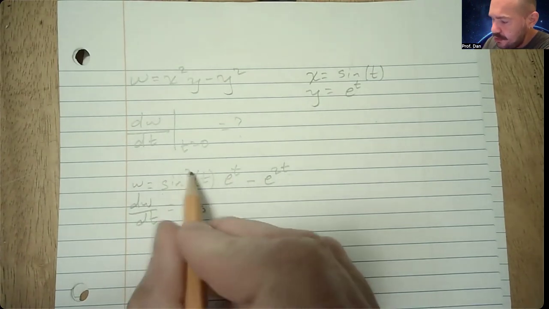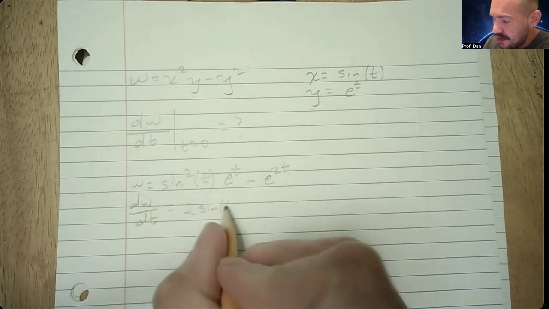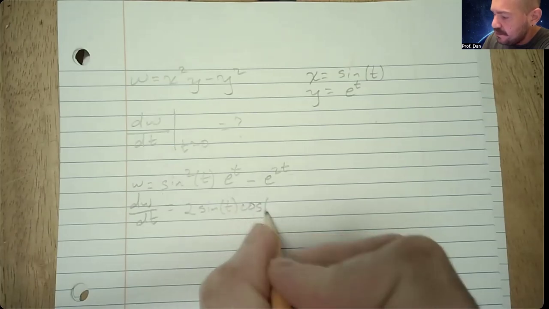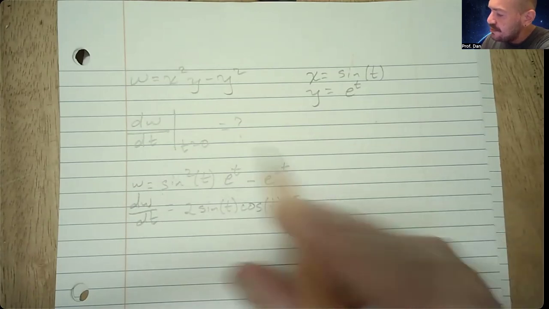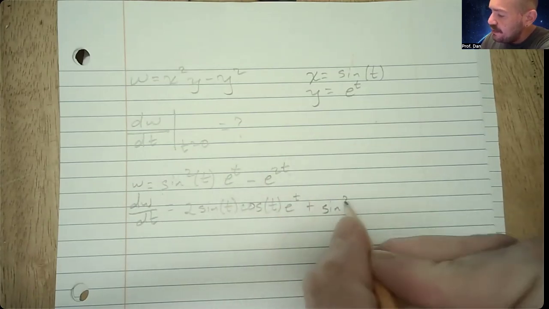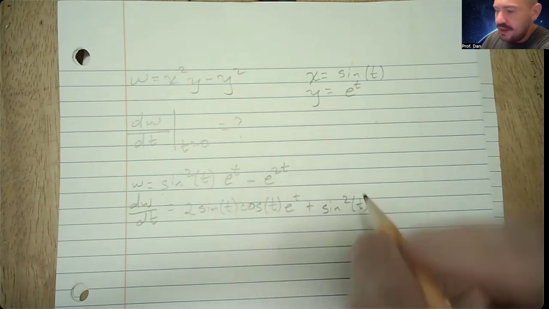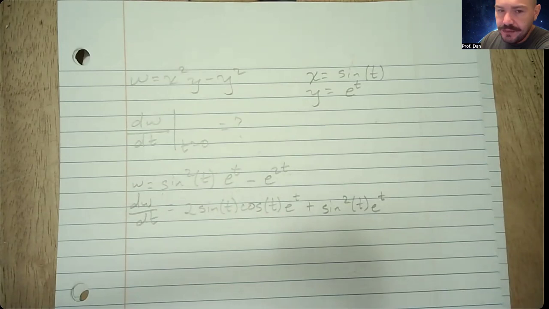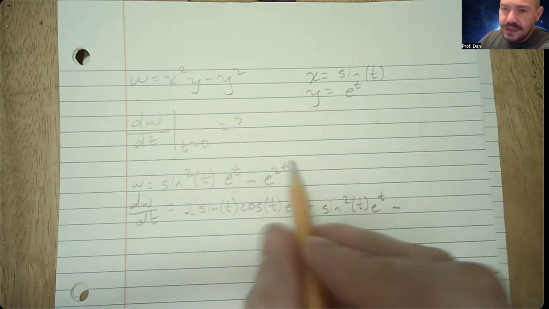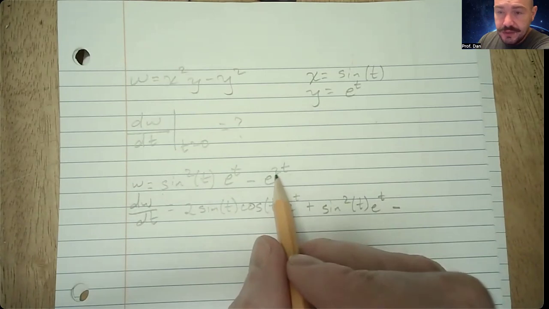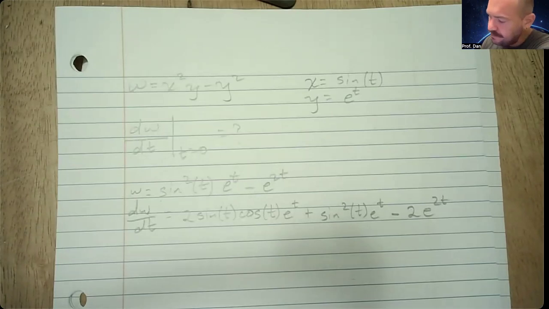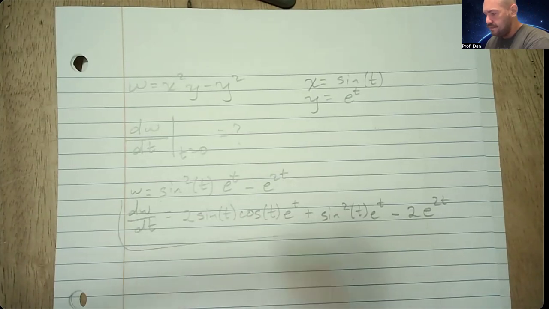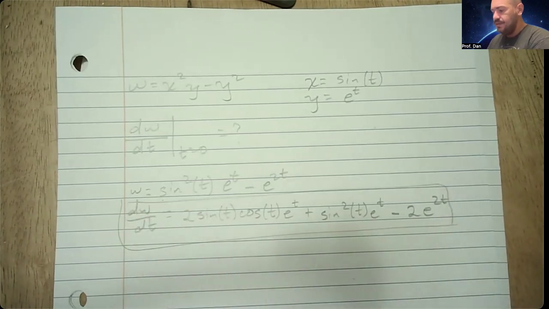That should give me 2 times sine of t times the derivative of sine of t, multiplied by e to the t, plus sine squared of t multiplied by the derivative of e to the t, which is itself, minus the derivative of this exponential. Note the derivative of 2t, we get 2. So 2e to the 2t. And this would be our dw dt.